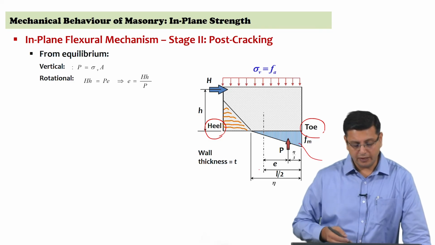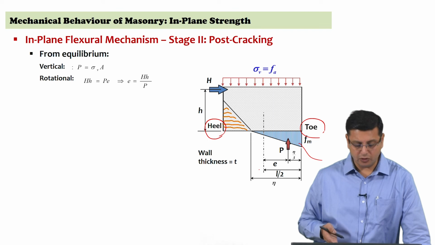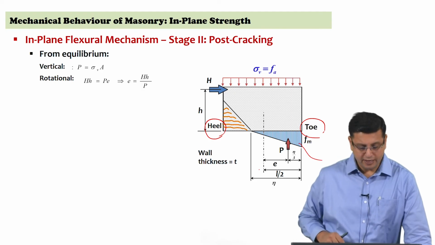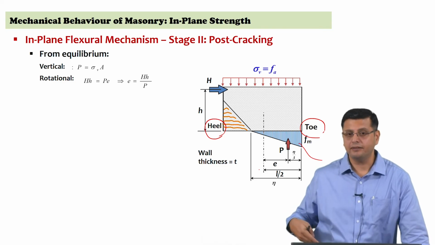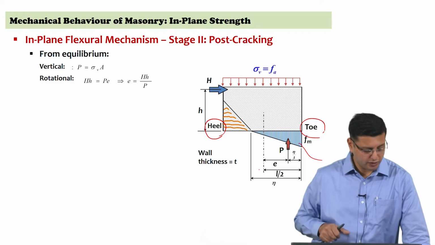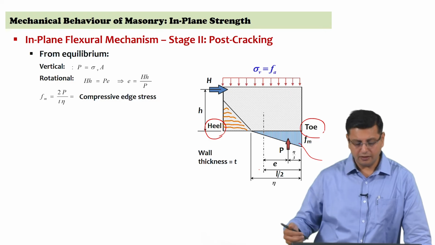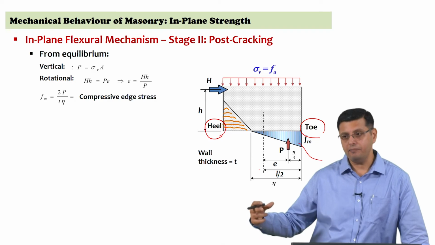So, from the vertical equilibrium, the axial force P is sigma V into the area of cross section, and from the rotational equilibrium, the lateral force H into the height H of the wall is equal to the axial force P into E, and therefore, we get an estimate of the eccentricity, which is the ratio of the lateral force to the axial force, into the height H. From the triangular distribution, we get the edge compressive stress Fm.